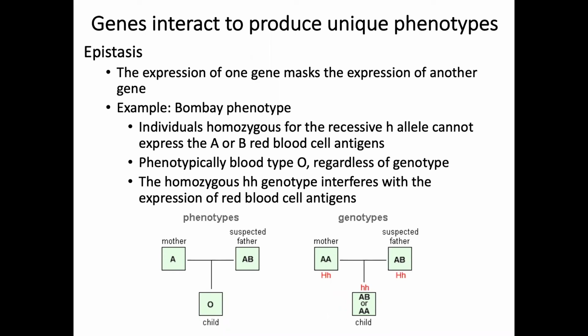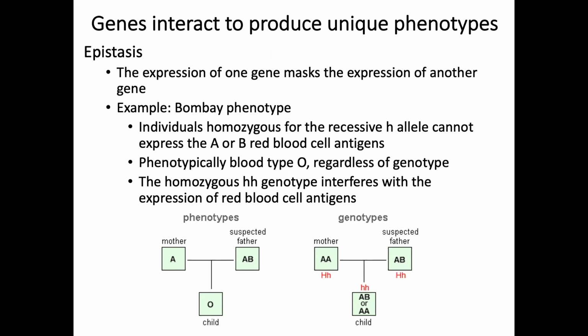Lastly, let's discuss epistasis. Epistasis refers to the expression of one gene masking the expression of another gene. The most famous example of epistasis is called the Bombay phenotype. It is also known as the hh blood group or H antigen deficiency.